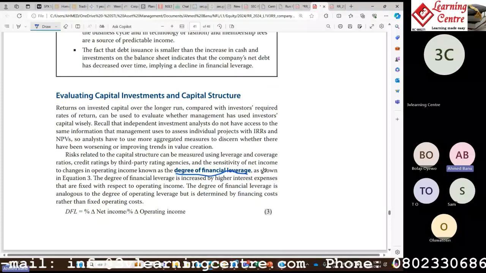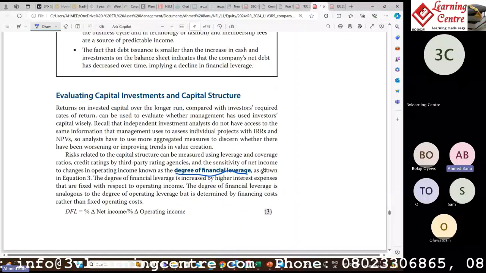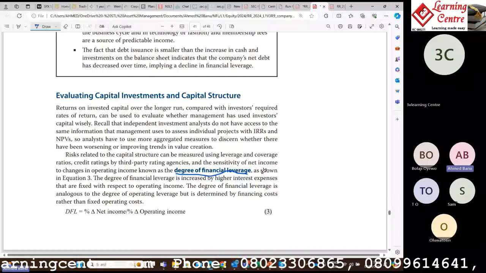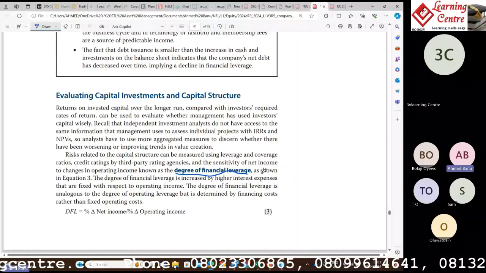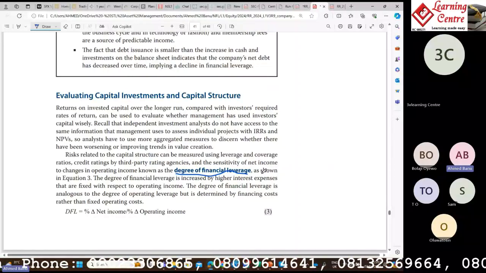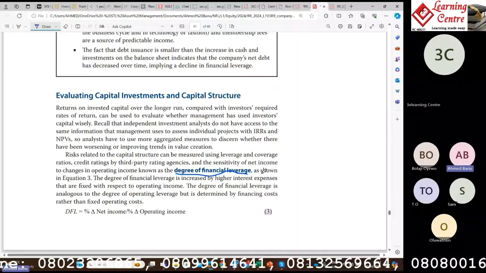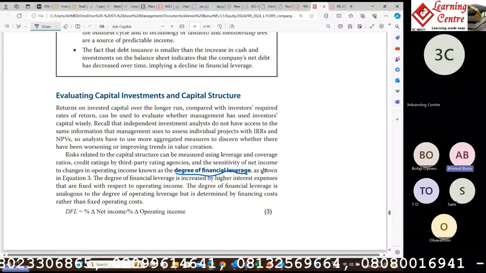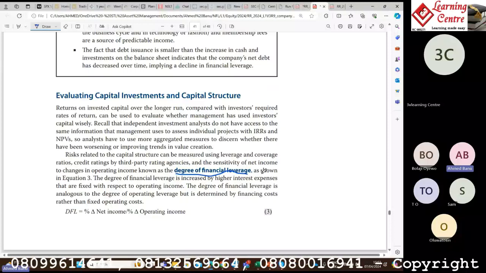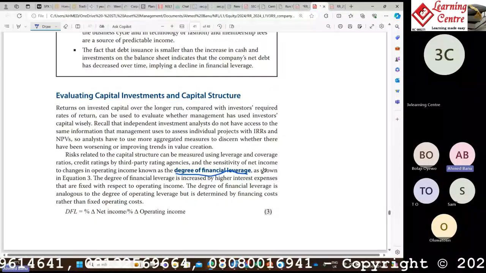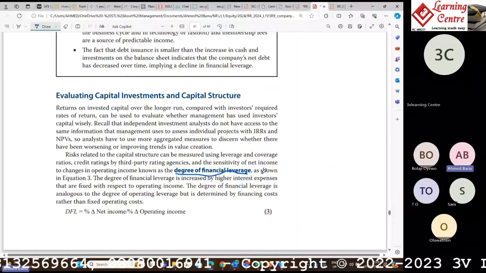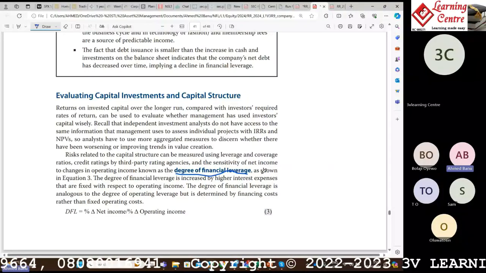Recall that independent investment analysts do not have access to the same information that management uses to assess individual projects with IRRs and NPVs. So analysts have to use more aggregated measures to discern whether there have been worsening or improving trends in value creation. Risk related to capital structure can be measured using leverage and coverage ratios.